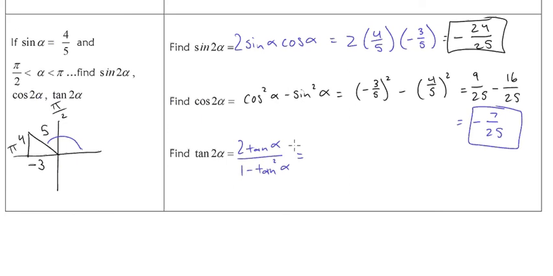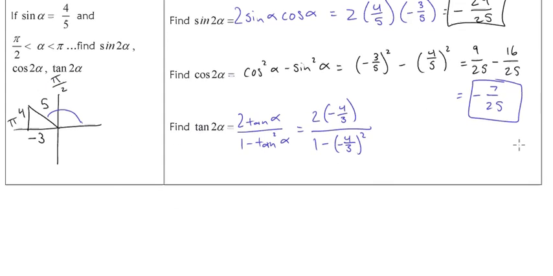Okay, and so what is tangent of alpha? Well, tangent is opposite over adjacent, so that's -4/3. So we have 2 times -4/3 over 1 minus -4/3 squared. I'll keep the problem separate, so I'll come on down here.